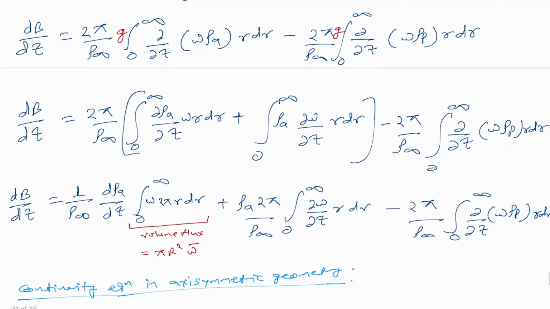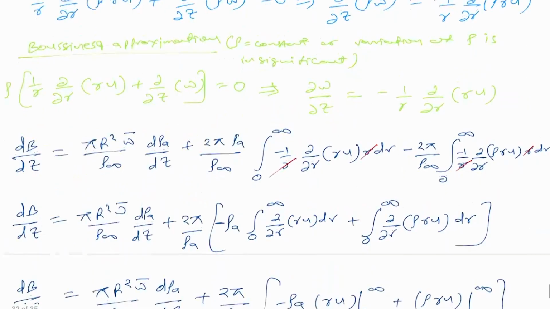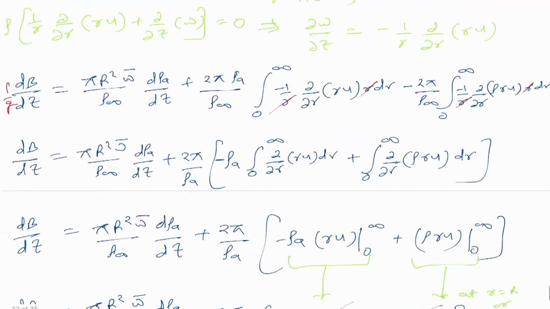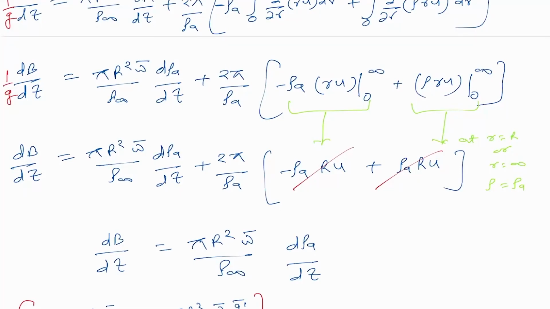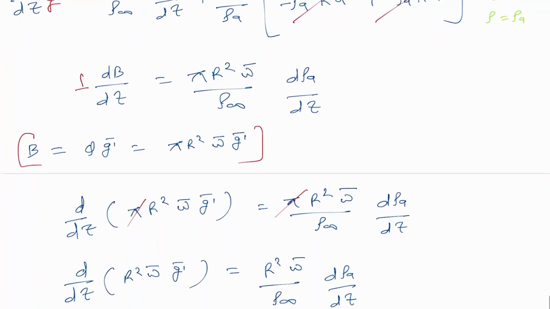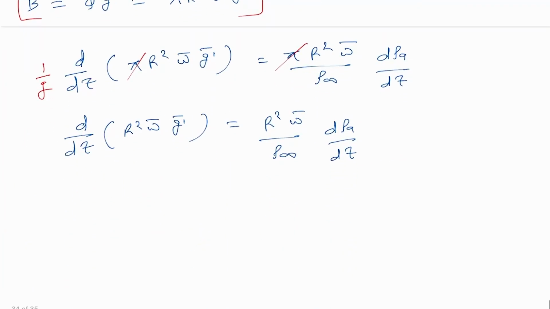Or we can just write 1 over g here, so that we don't have to write it in the right hand side. So this becomes 1 over g, this is 1 over g, and now we will pull the g to the other side. So that was missing, and here we can write this as g.